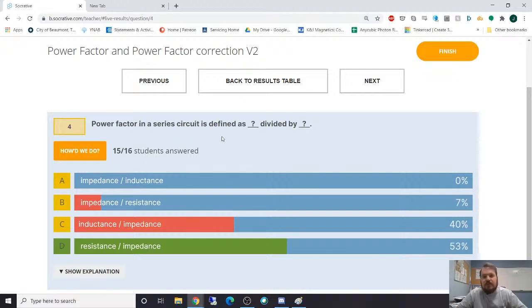So if you take your resistance and divide it by your impedance, which is your total opposition to current flow in the circuit, you would still get your power factor. But resistance divided by impedance only works in a series circuit.